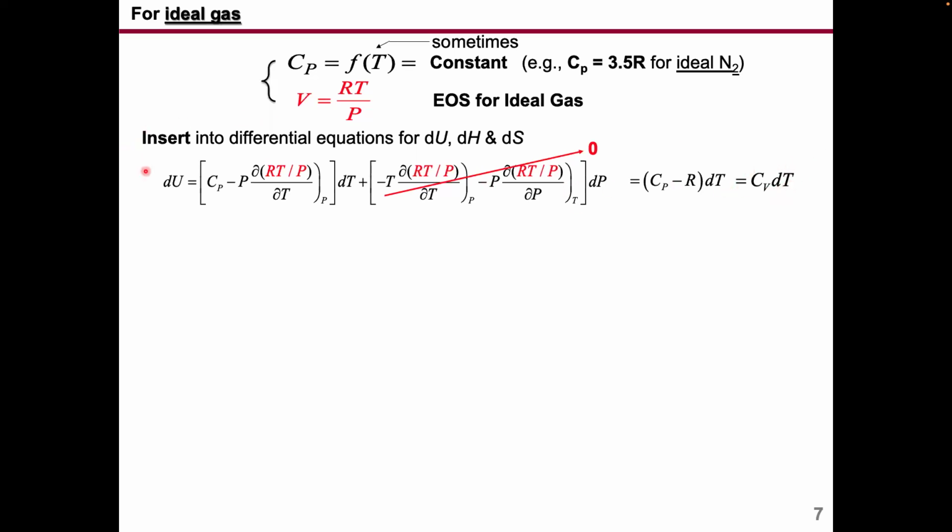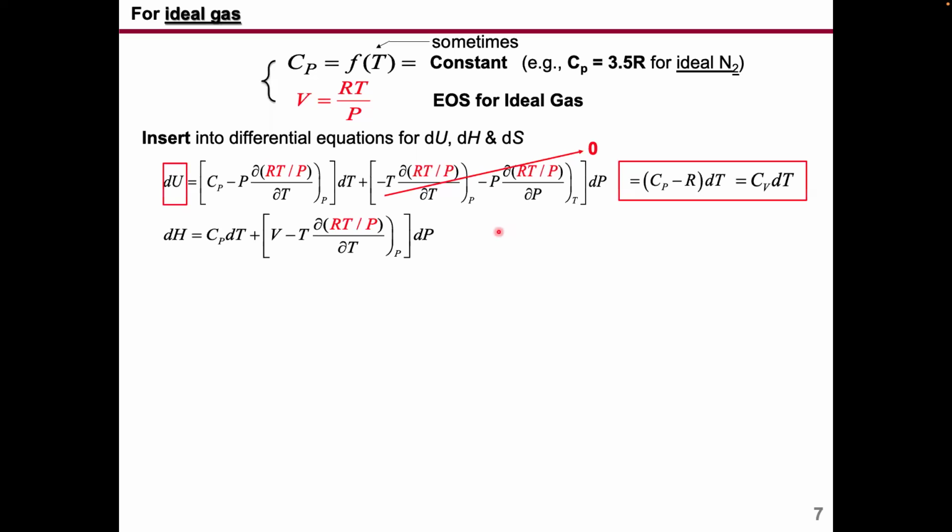This is the reason why dU is equal to Cv dT. It doesn't have any dP term. So internal energy only changes when the temperature changes, okay? And Cv in this particular case is going to be 2.5 times R, which is Cp minus R, okay?